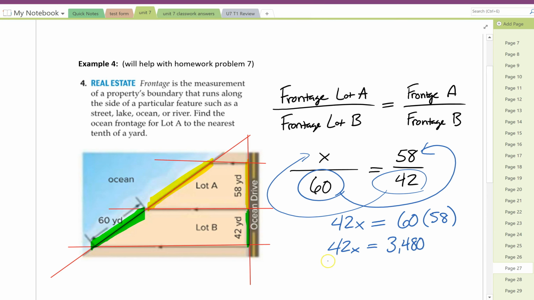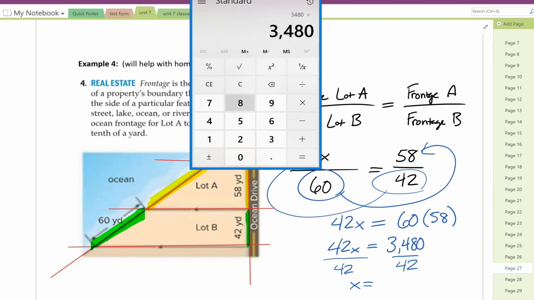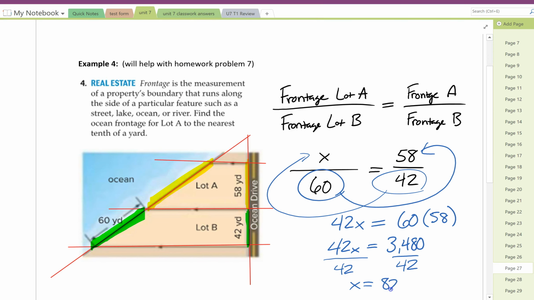All right, and the last step is just to divide both sides by 42. And we have about 82.9. Is it feet? No, yards. And we're supposed to round to the nearest tenth of a yard, which I've already done. So the answer would be that this piece right here is about 82.9 yards.